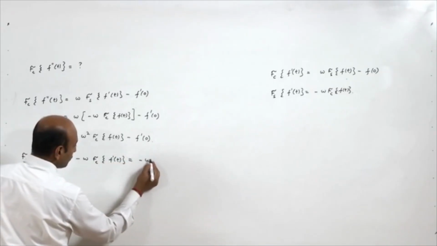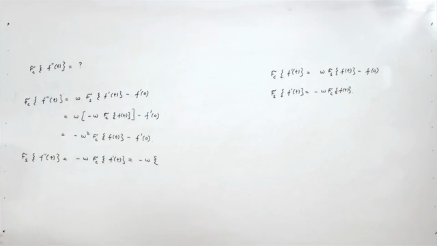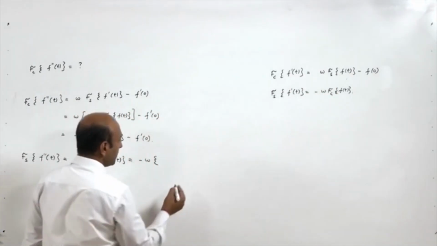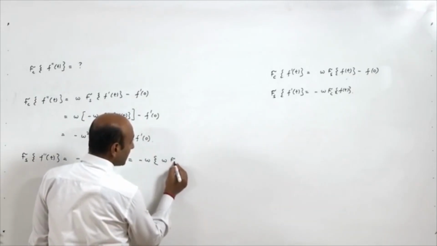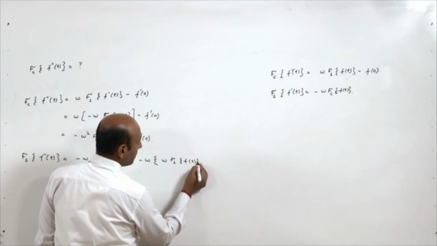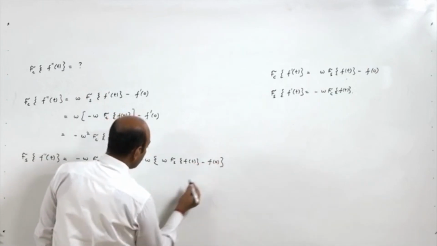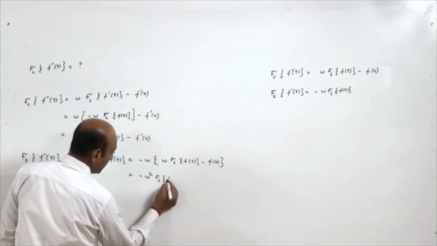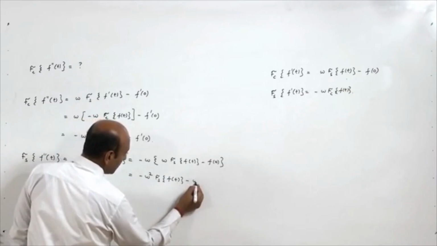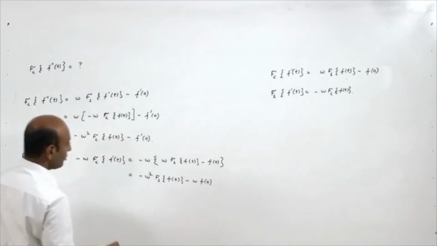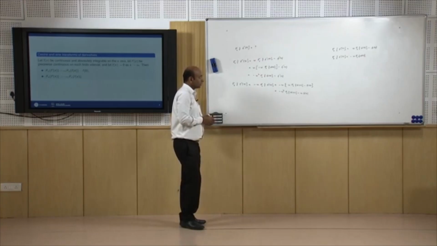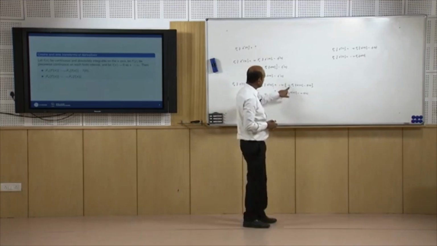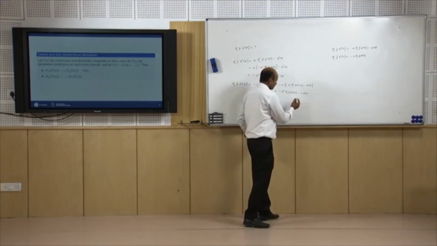Now, this equals minus omega times, and the Fourier cosine transform of f'(t) from this expression you can simply substitute, it is omega times the Fourier sine transform of f(t) minus f(0). So, that will be nothing but minus omega square times the Fourier sine transform of f(t) plus omega f(0), since minus times minus is plus.